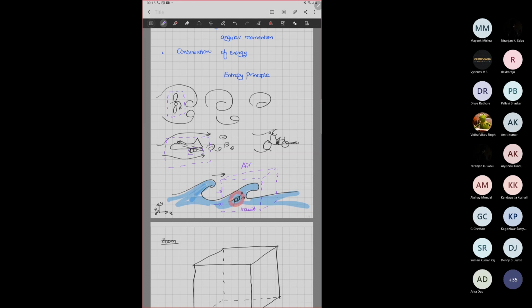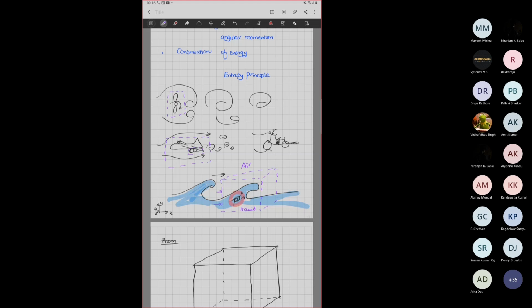The whole point of control volume analysis is that you apply conservation principles like mass, momentum, energy, maybe entropy principle, on those things. Try to understand what might be the input condition, what might be the output.